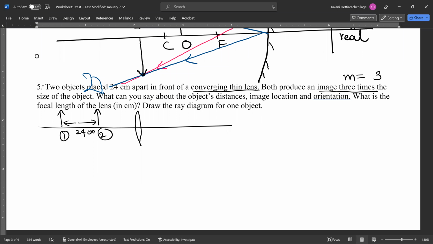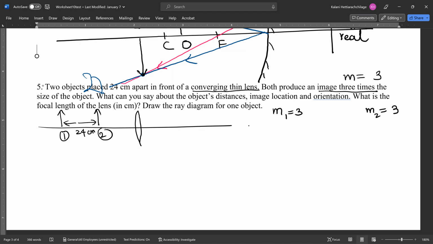And then it's saying your magnification is 3. So now we need to think by using magnification 3 in both cases. M1 also 3, M2 also 3, right?